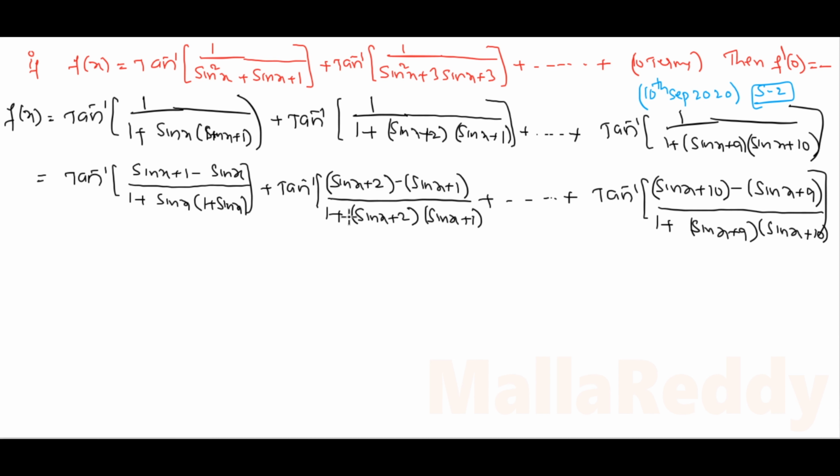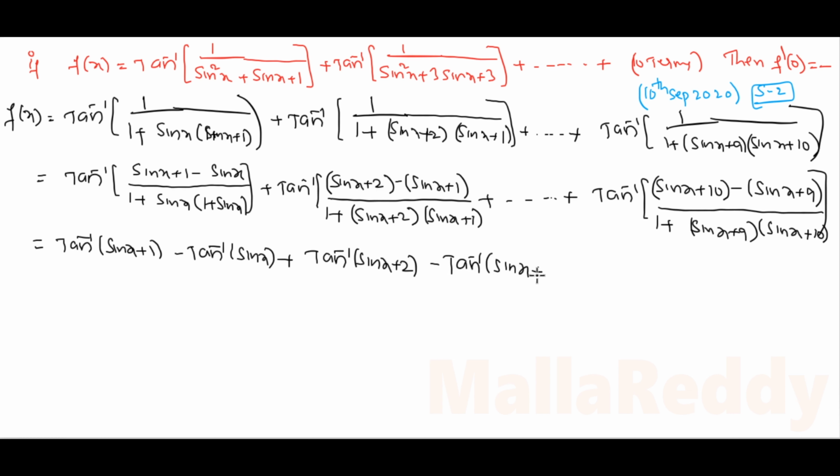So it is in the form of tan inverse of a minus b by 1 plus ab. This is written as tan inverse of sin x plus 1 minus tan inverse of sin x. Similarly, the second term, tan inverse of sin x plus 2 minus tan inverse of sin x plus 1, plus up to dash dash.